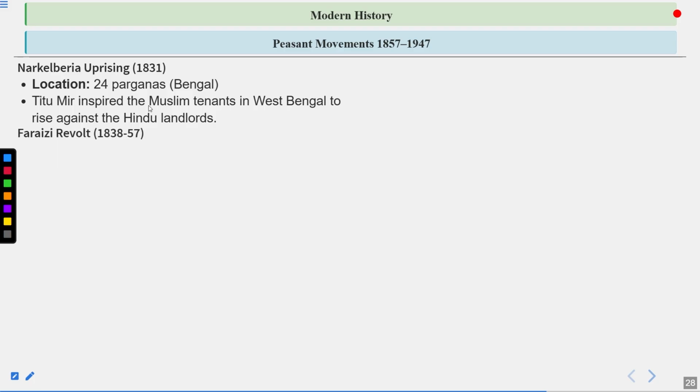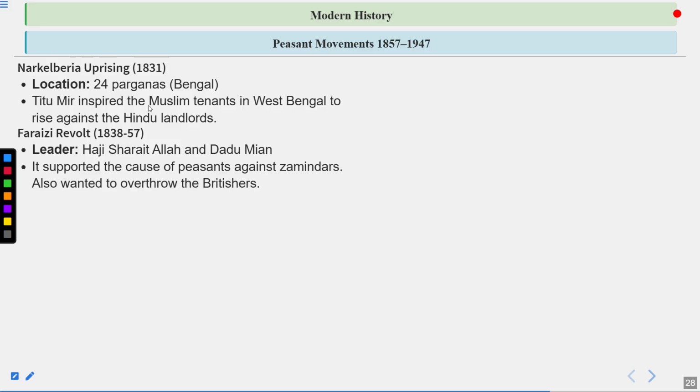Then the Faraizi revolt, 1838 to 1857. Leaders Haji Shariatullah and Dadu Mian. It supported the cause of peasants against zamindars, and also wanted to overthrow the Britishers. Then Pagal Panthis, very important, 1820s to 1840s.